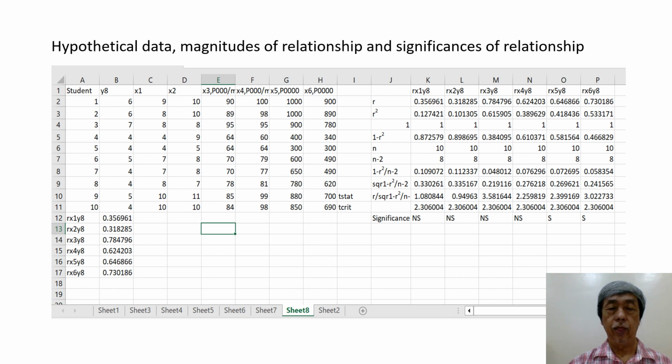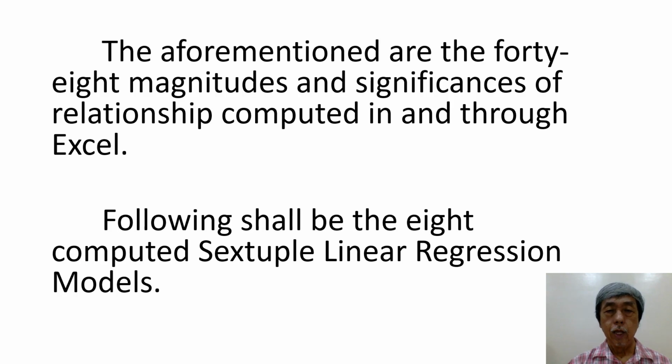And for the eighth dependent variable. The aforementioned are 48 magnitudes and significances of relationship computed in and through Excel. Following shall be the 8 computed sextuple linear regression models.